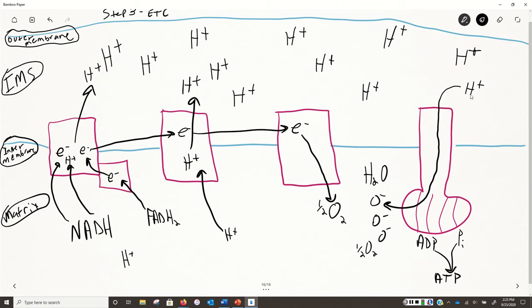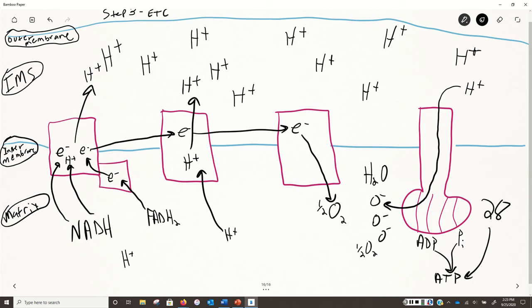Now, for every 1 molecule of glucose that we started the entire process with, this step right here, oxidative phosphorylation to produce ATP, we get about 28 molecules of ATP.